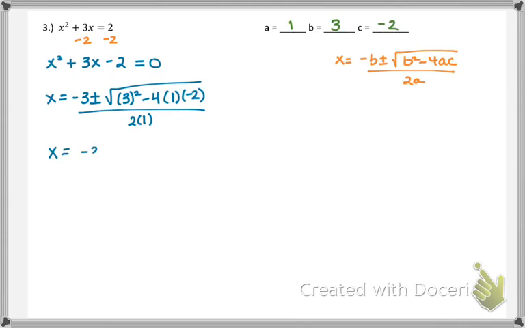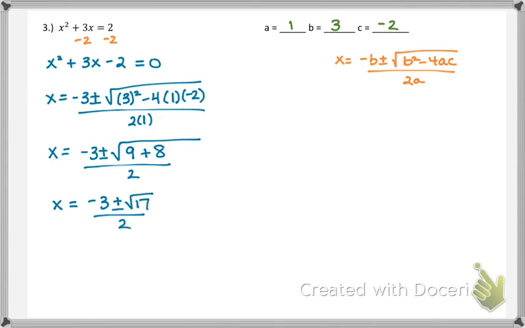Simplifying what's inside a square root. 3 squared is 9. And then negative 4 times 1 is negative 4 times negative 2 is positive 8 over 2. X equals negative 3 plus or minus the square root of 17. Not very nice. All over 2.